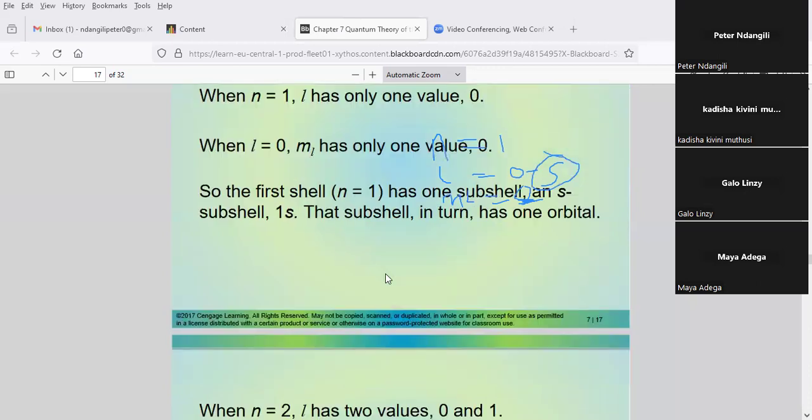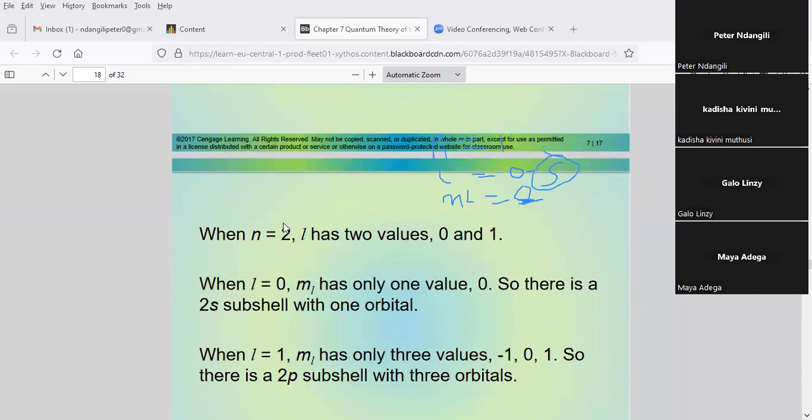If you look at when n is equal to 2, you will have 2 values of L, which are 0 and 1. This 0 is an s orbital, and this is a p orbital. When we look at the value of L equal to 0, you realize that it is going to have only one ML value, which is 0.